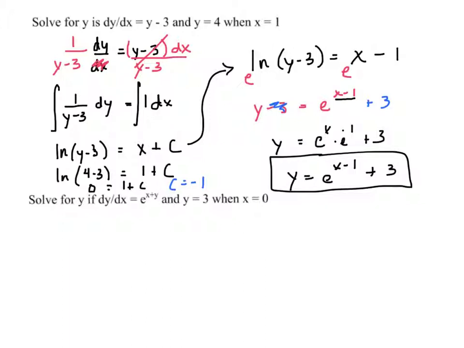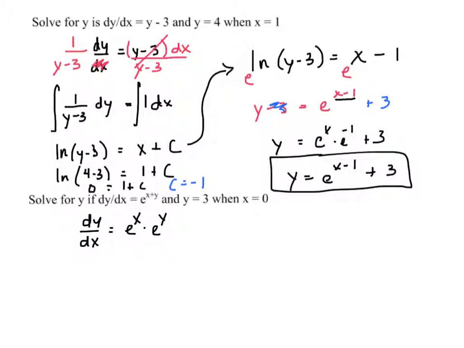Okay, let's do this very last one. I wanted to point out here, we've got e to the x plus y. So you could write that as e to the x multiplied by e to the y, right? When we add exponents, we're multiplying the bases. It's like x squared multiplied by x to the 8th is x to the 10th. When you multiply the bases, you add the exponents.